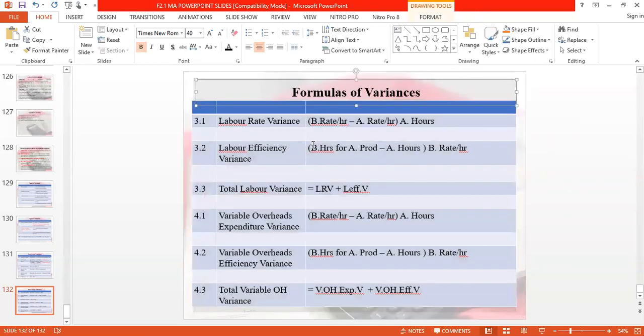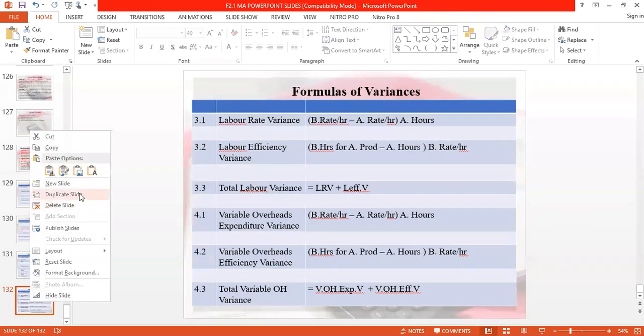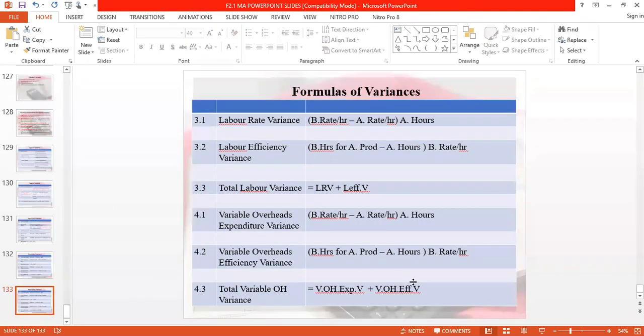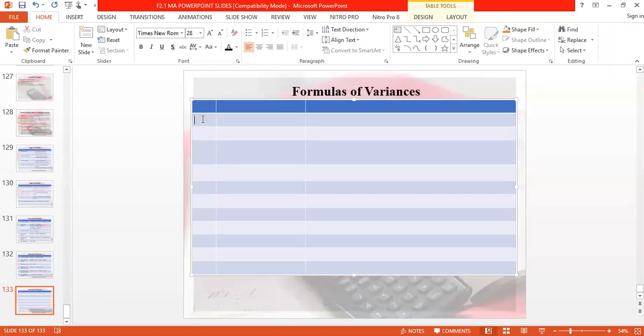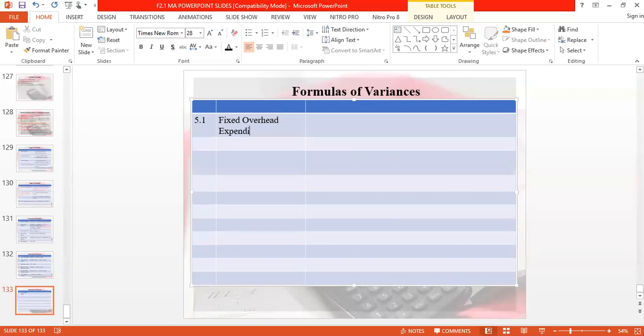We are almost there. So the last category is category 5. 5.1. So 5.1 was fixed overhead expenditure variance.